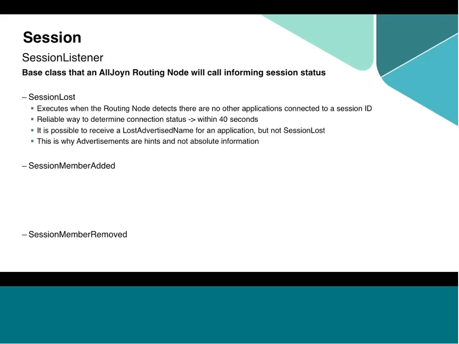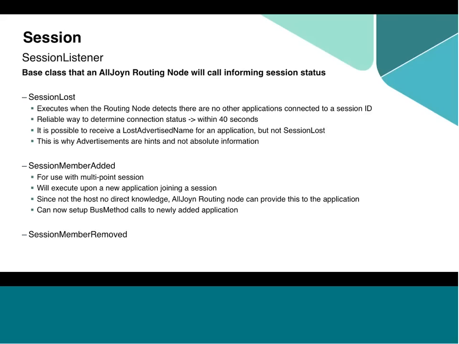So in that image at the very top, back in the beginning of my slides, this session member added would be executed when device B or C joined onto the network so that the other could understand that it's there and it could interact with it. And so the other piece too is if a device leaves the system, you'll get all that callback information.